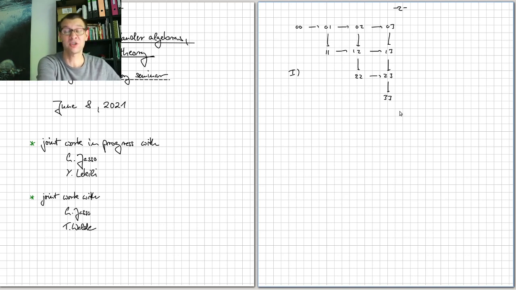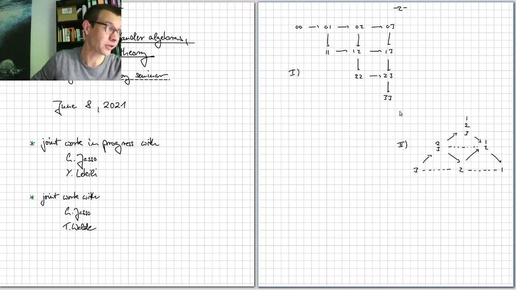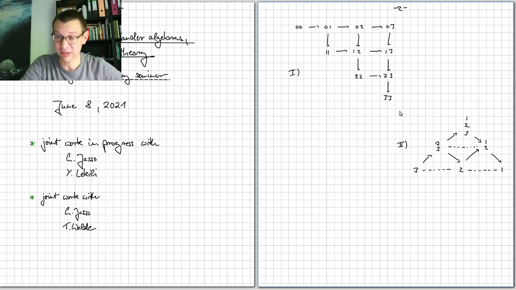The first one, presumably everybody here is familiar with. That's the kind of diagram that I draw when I build the Waldhausen S-dot construction. The second kind of diagram is maybe slightly less familiar. This originates in the representation theory of finite-dimensional algebras, and it's what is called an Auslander-Reiten quiver, or Auslander-Reiten diagram.